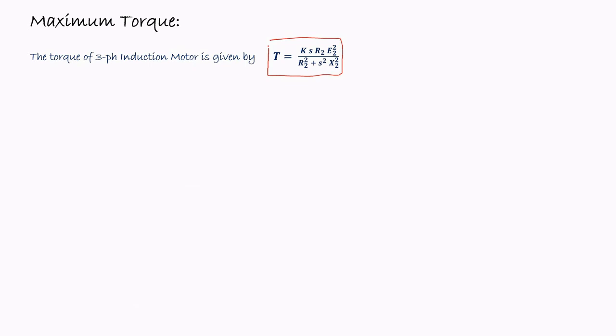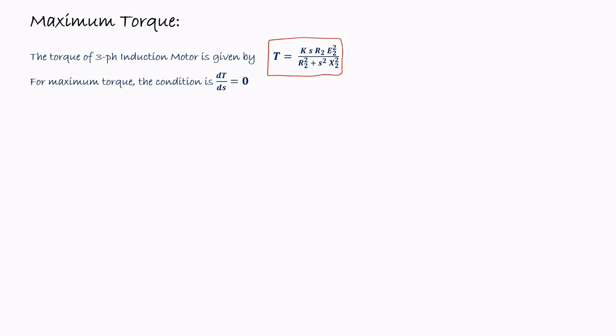Now the maximum torque. The torque of a three-phase induction motor we have already discussed. It is given by K S R2 E2 square upon R2 square plus S square X2 square. Here each and every value is constant except slip.